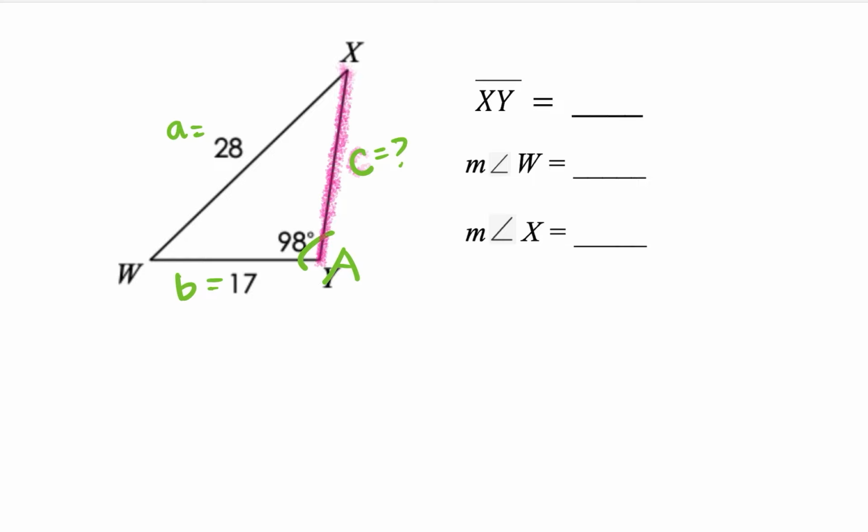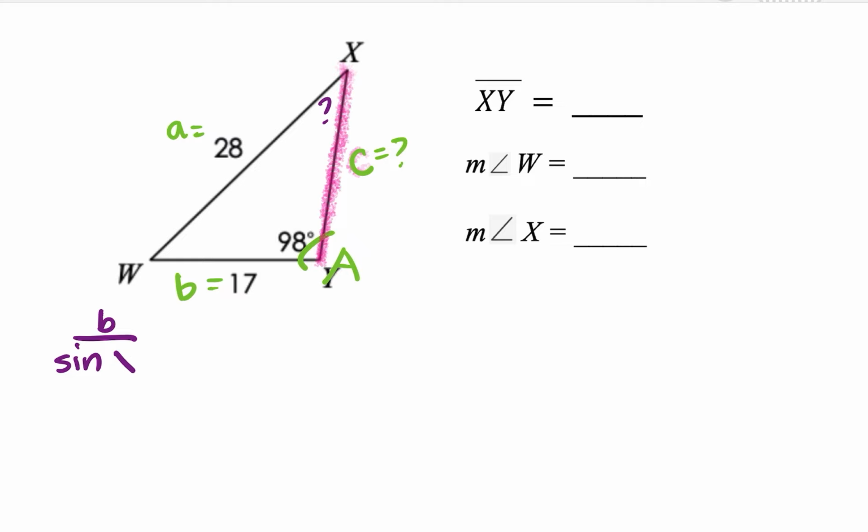Okay, so we can find one of the angles first, and let me say I want to try and find angle X first. So angle X, so I'll start with B over sine X. Since I'm making this as my B, this is going to be my big B, the angle B, which is known.